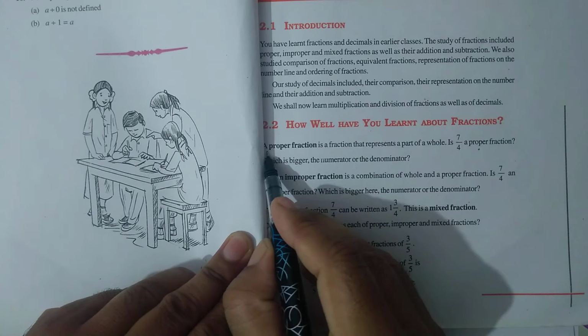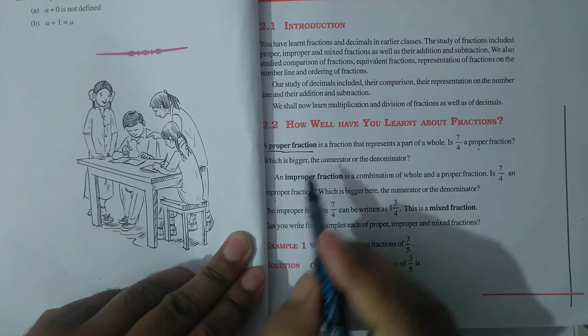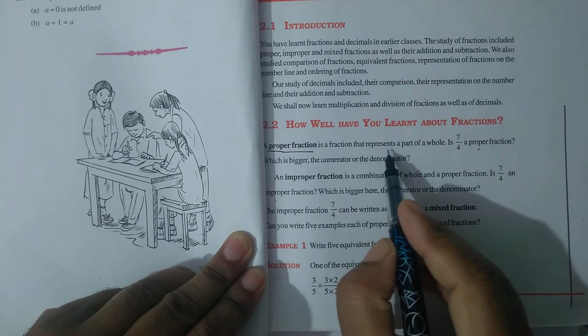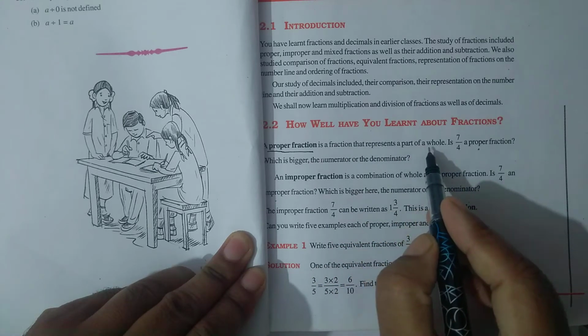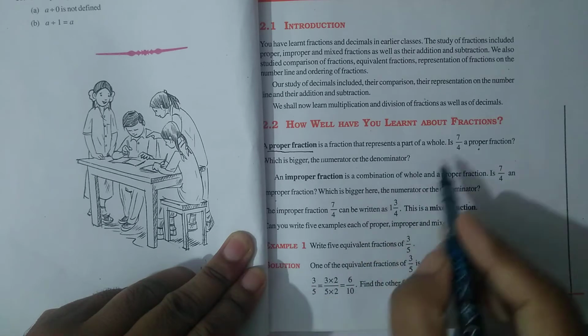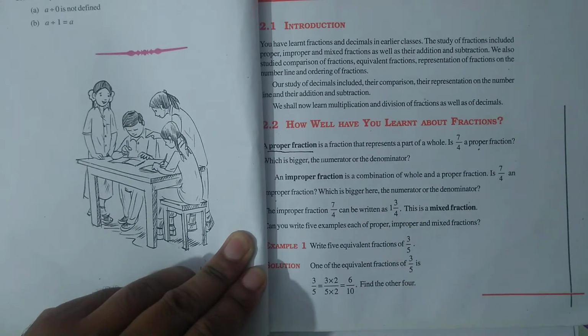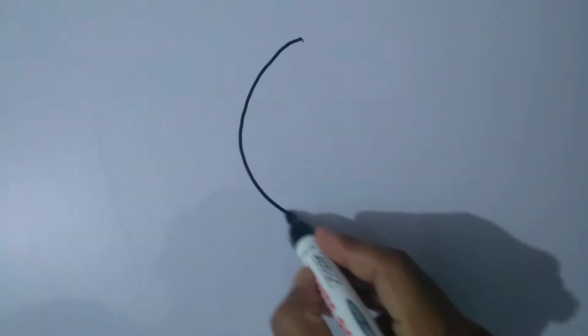First of all, a proper fraction. A proper fraction is a fraction that represents a part of a whole. Okay, is 7 by 4 a proper fraction? Tell me. Suppose we have one complete circle.